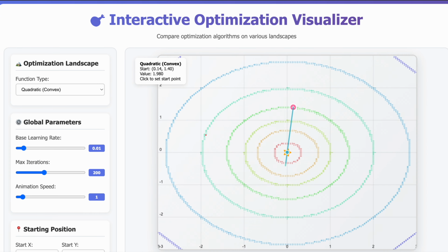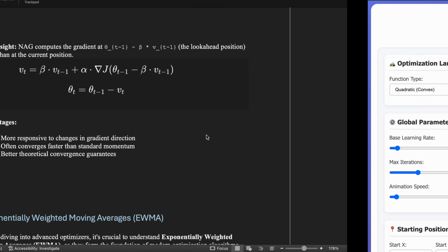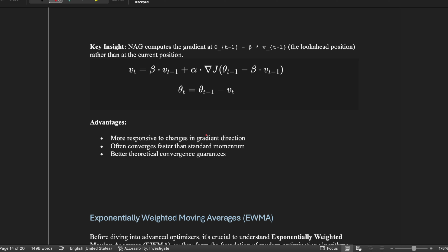With a convex function we don't know the shape, so we have to try different optimizers to know which works better. We can't say that every time it will converge faster than momentum. Sometimes momentum converges faster than NAG, or Nesterov accelerated gradient. It also has better theoretical convergence guarantees.